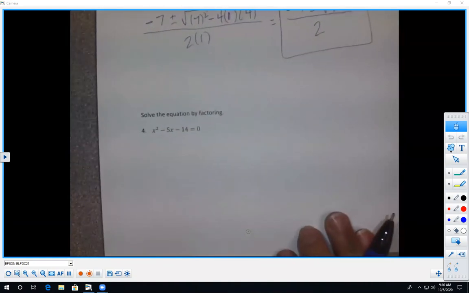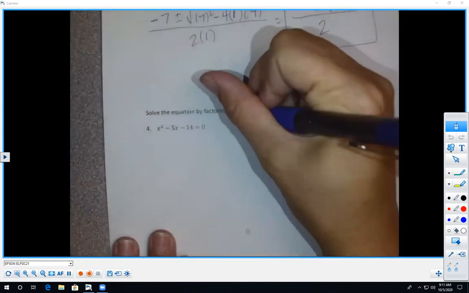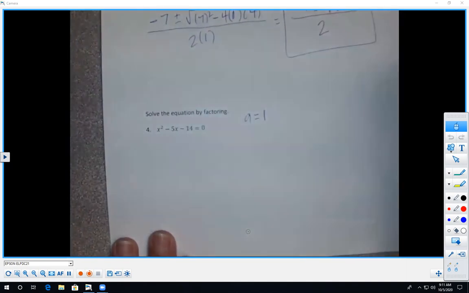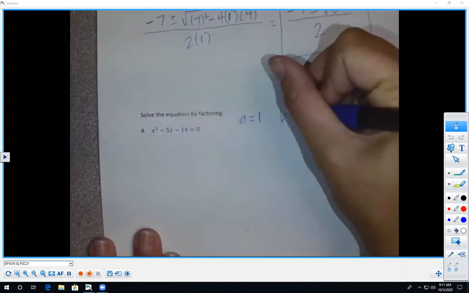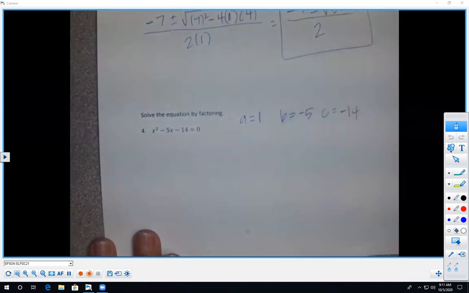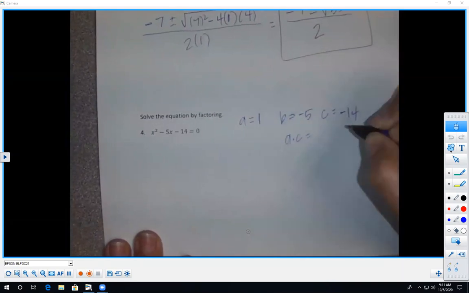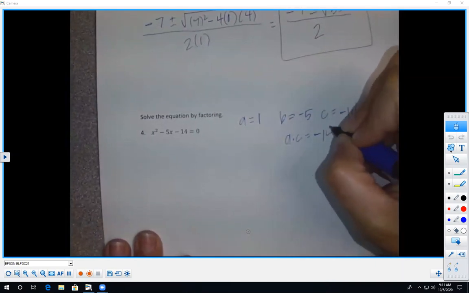Okay, look at number 4, solve by factoring. So how do I solve by factoring? Factor, right? This is the AC method. My A value is 1, B is negative 5, C is negative 14. I'm going to do A times C. So 1 times negative 14 is negative 14.